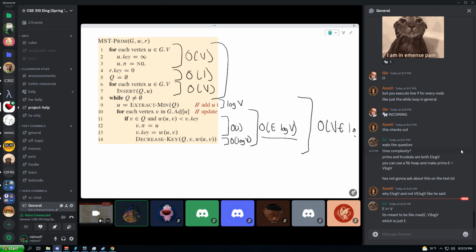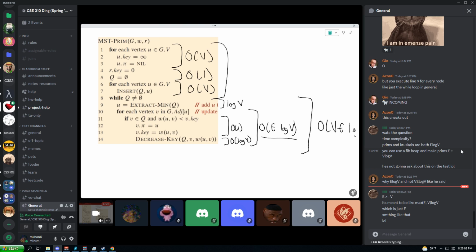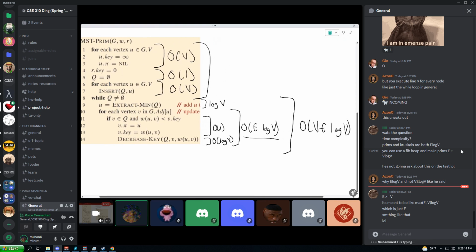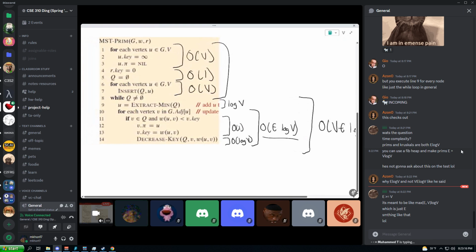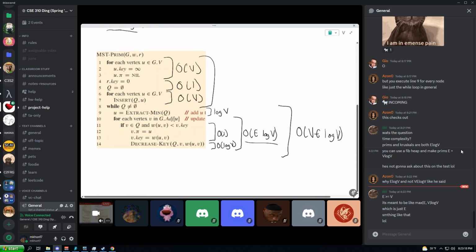E is greater than or equal to V, which is just E. The number of edges is greater than or equal to V. The max of E and V log V. Okay, we have E log V, which is fine.